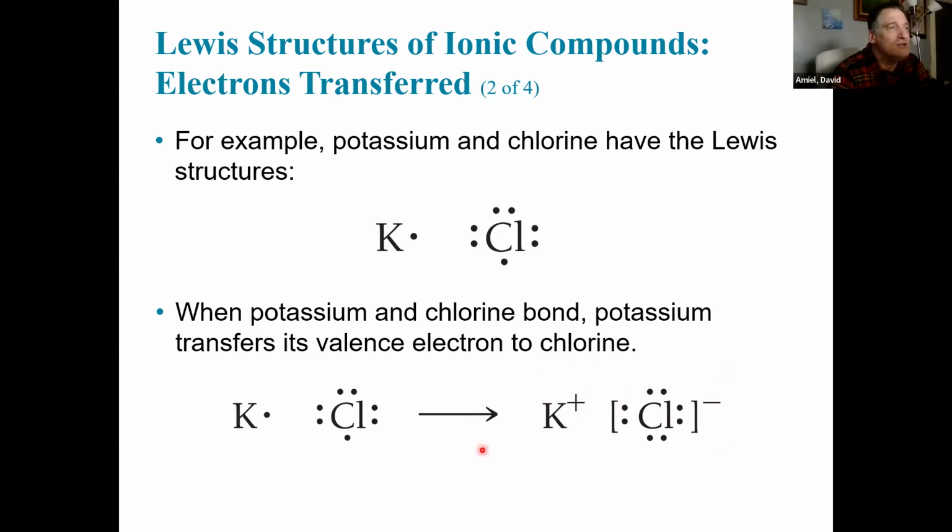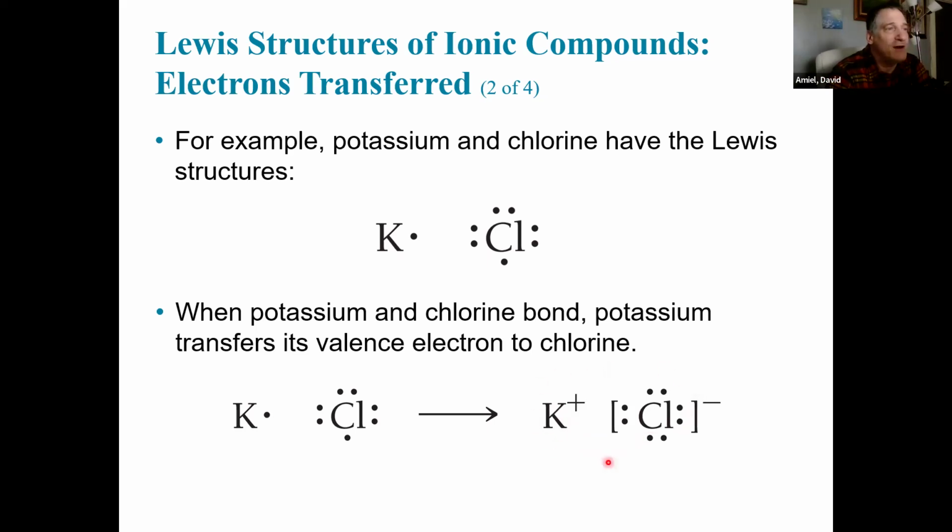So on the right here, we're seeing the Lewis structure for potassium chloride, KCl, which is the same result we achieved in week 1 when we figured out how to do the old switcheroo. You take the charge, you put it as a subscript of the other one, and so forth. We know all that.